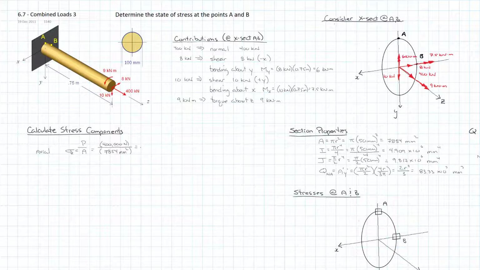And we get a stress of 50.93 megapascals. And that's going to be in tension. And recall that will be equal across the entire cross-section. So it's going to be 50.93 megapascals in tension at both A and B. So then we're going to do our bending about X.